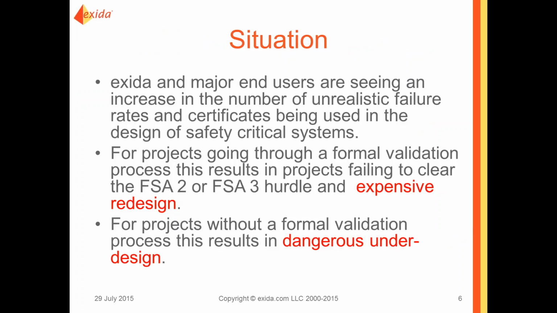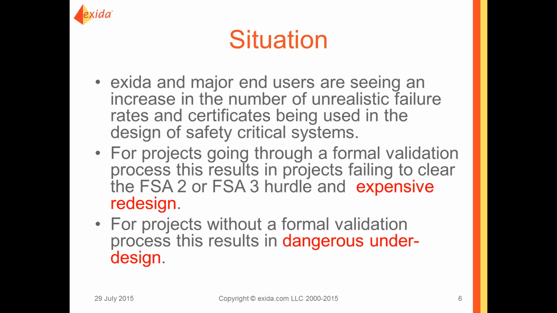The first outcome is if the projects or the end users have a formal validation process, then when these results are reviewed by internal experts at the end users or a third party such as Exida, they'll fail. The FSA2, Functional Safety Assessment 2, which is in the IEC 61511 safety lifecycle after the design is complete, would find these.